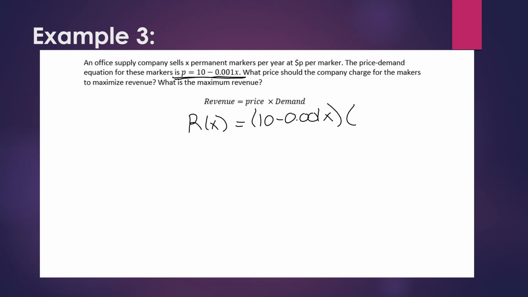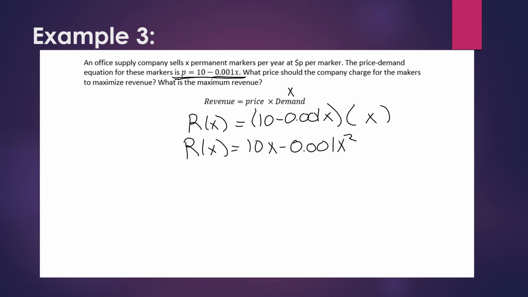And the demand is X. We know that because they call this the price-demand equation, meaning that P is our price, X is our demand. So let's go ahead and multiply this out. We're going to get the revenue is 10x minus 0.001x squared. So we want to maximize this.